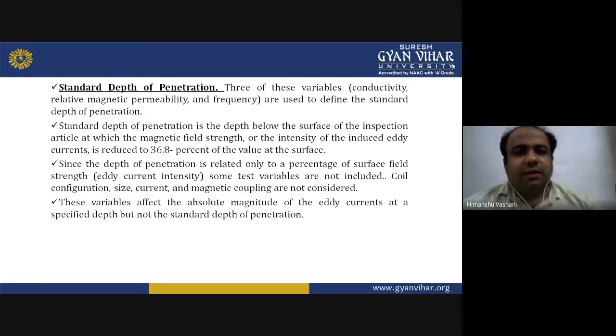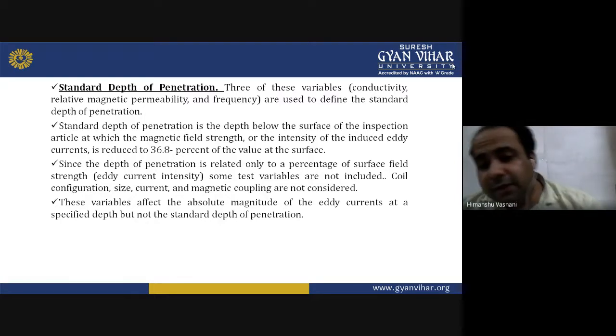Since the depth of penetration we just discussed is related only to a percentage of the surface field strength, some test variables are not included: coil configuration, size, current, and magnetic coupling are not considered.